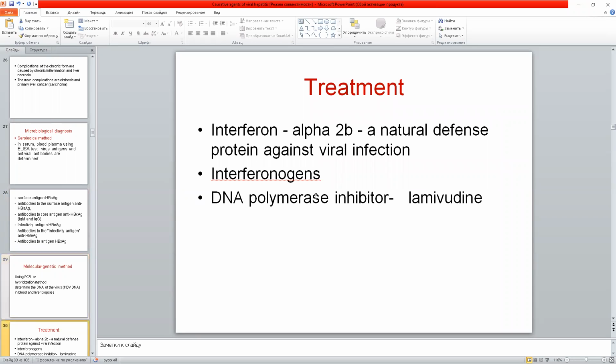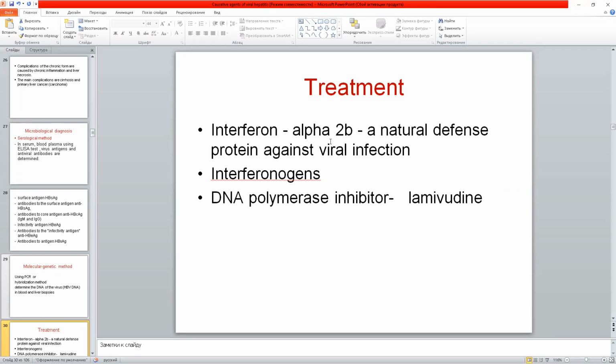Treatment. For treatment, interferon alpha-2b, a natural defense protein against viral infection. Now it is recombinant, as I told you. It is produced by yeast cells, recombinant interferon. Now it is available. Interferons are used widely. They are not specific, and they are used for treatment of many viral infections.